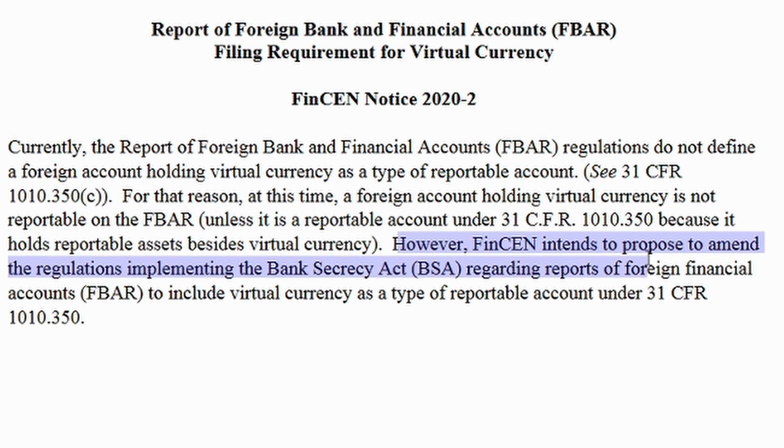However, FinCEN intends to propose to amend the regulations implementing the Bank Secrecy Act regarding reports of foreign financial accounts to include virtual currency as a type of reportable account under 31 CFR, blah, blah, blah. So you see, as of right now, it's not reportable, but they're looking to close that loophole very quickly.